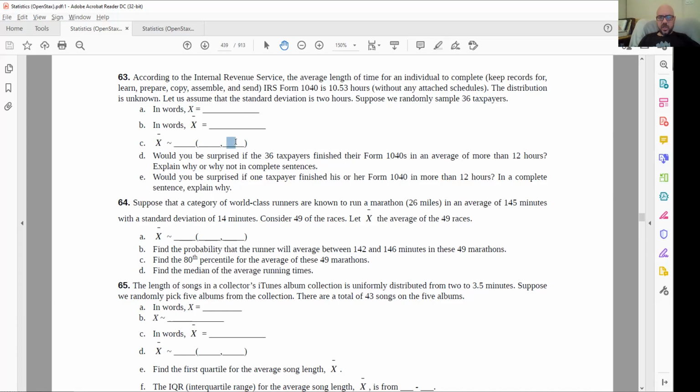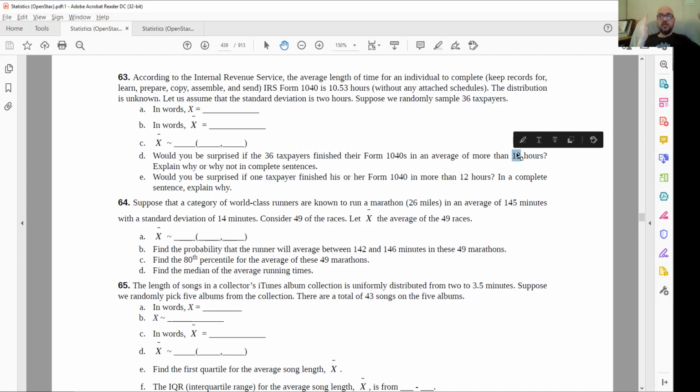Because the standard deviation here was 0.33, and 12 is 1.5-ish hours above the mean. So 1 hour above the mean would be 3 standard deviations away from the mean, which, if you remember the empirical rule, we would know that 0.3% of data is outside 3 standard deviations.